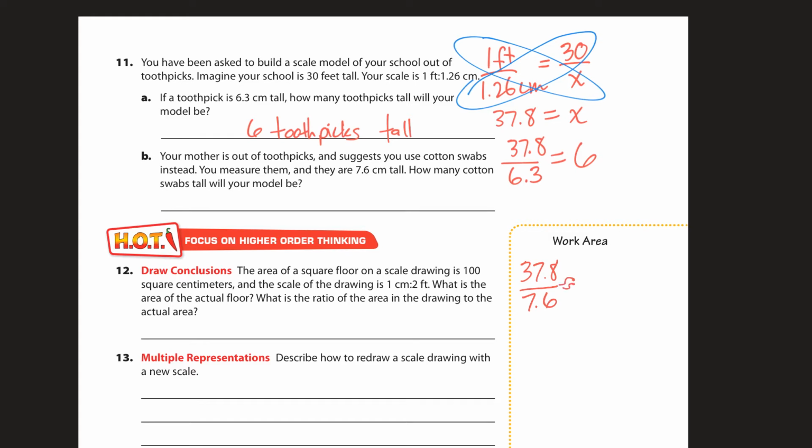And I'll put these little squiggly lines here. So about, and my calculator says it's about 4.97. It's a super long decimal. So we'll say about 5. Okay, cotton swabs.